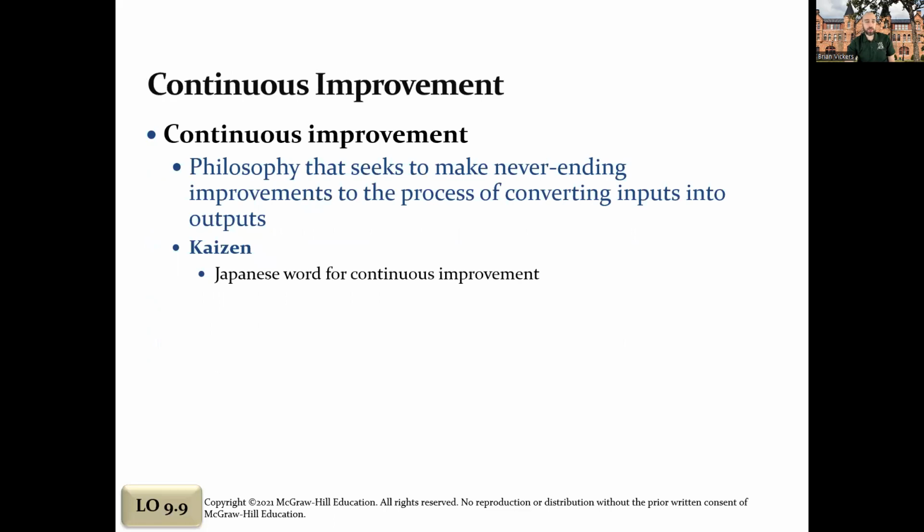There is a term that you're going to see called Kaizen. This is the Japanese word for continuous improvement, the idea that improvements are never ending. And this goes into TQM. This also goes into what was originally known as the Toyota way or Toyota method, because Toyota was the big company in the early 1900s that sort of implemented and spearheaded all of this.